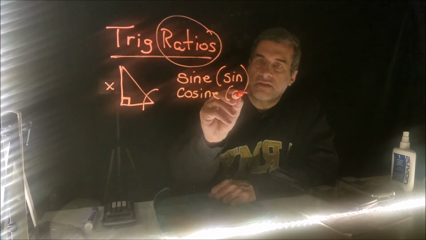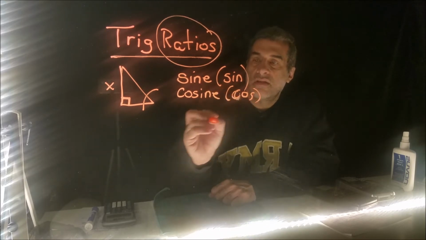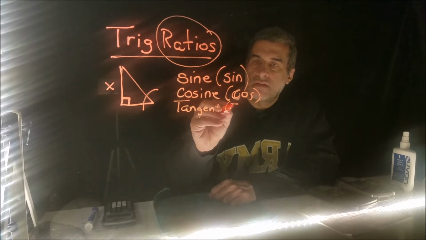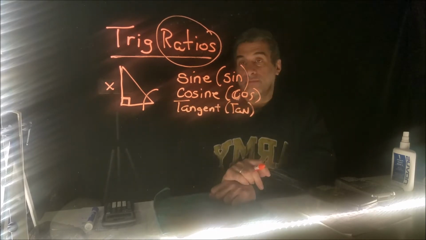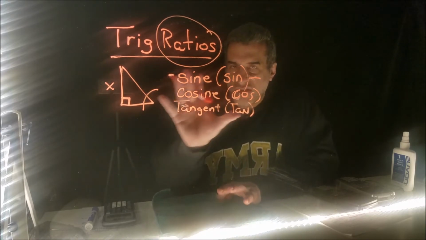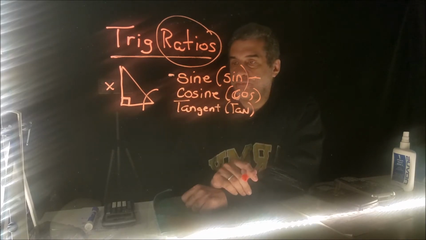And on the calculator, it's that. Cosine. And then there's tangent. And there's 3 more. But today we'll focus on sine, just so you understand how to use it. But let's just look at these 3, just their ratios, and then we'll concentrate on sine.